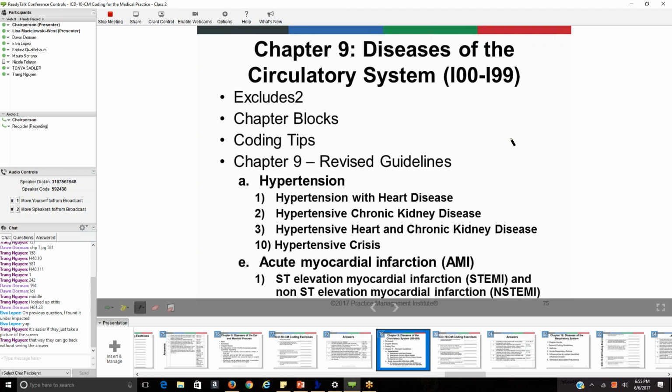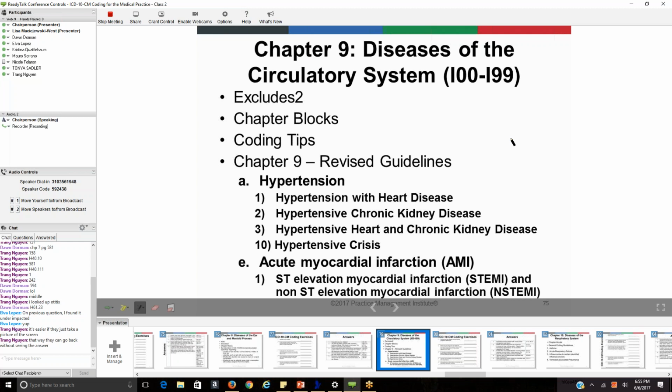The other chapter-specific coding guidelines that you need to know are the coding guidelines for acute myocardial infarction, or AMIs, and whether ST elevation is present and/or non-ST elevation. So you have STEMI or non-STEMI, or NSTEMI.